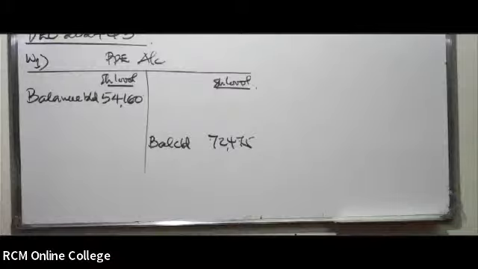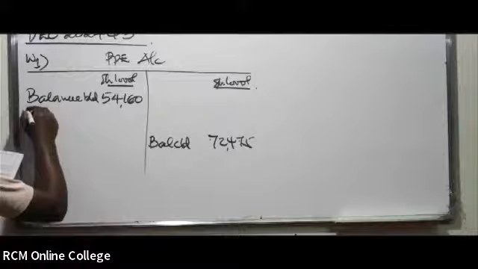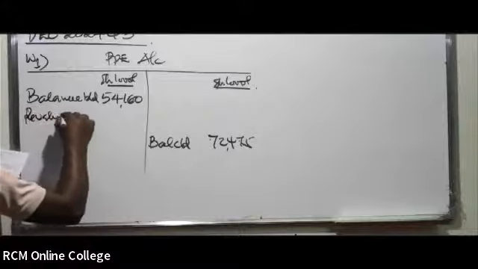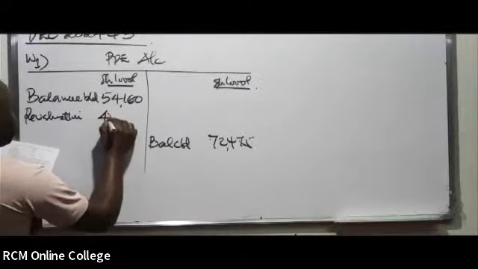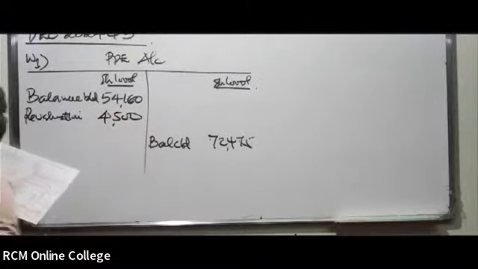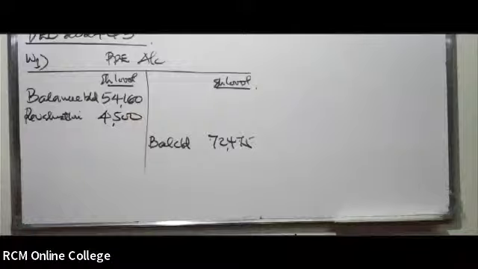The company does not make an inter-reserve transfer for excess depreciation upon revaluation. So we'll likely end up having to debit. There was a revaluation here, so we write revaluation because it was increasing the value of the asset. We debit here 4.5 million.